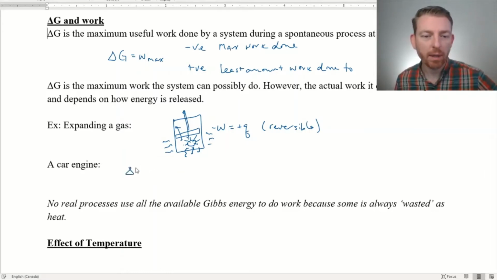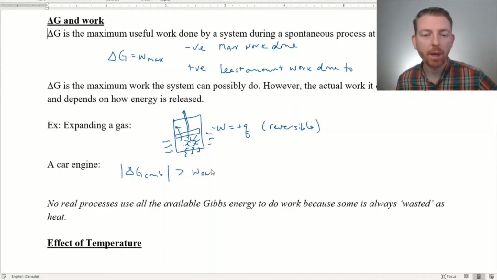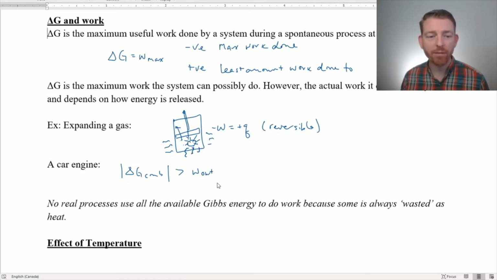So even though we can calculate the delta G of combustion, say for octane or for whatever blend it might be in your gasoline, the absolute value of that delta G is going to be greater than the work that you can get out of that system, only because a certain amount of it is just going to go to waste friction heat. Okay.